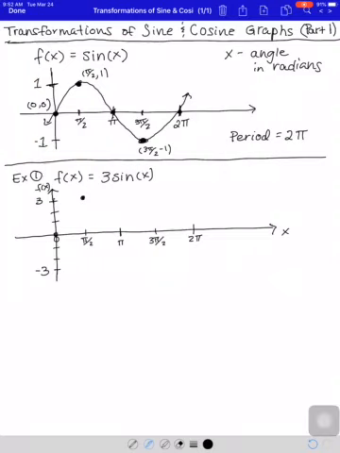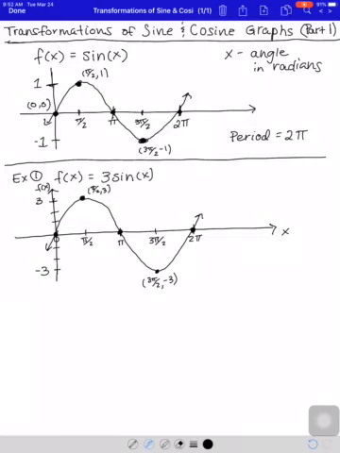So we have 0, then we go up to +3. This is the point pi over 2 comma 3. Back down to 0, down to -3. This is the point 3 pi over 2 comma -3. And finally back up to 0. And this gives us one complete cycle of our function.